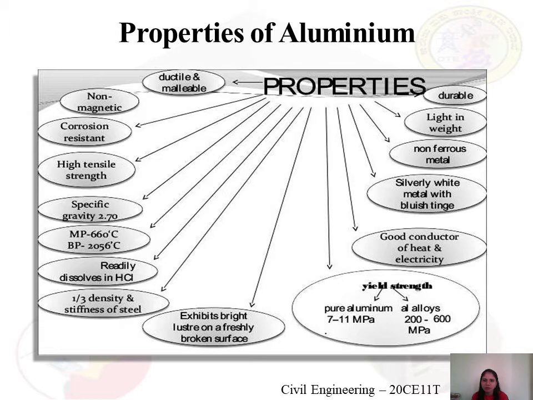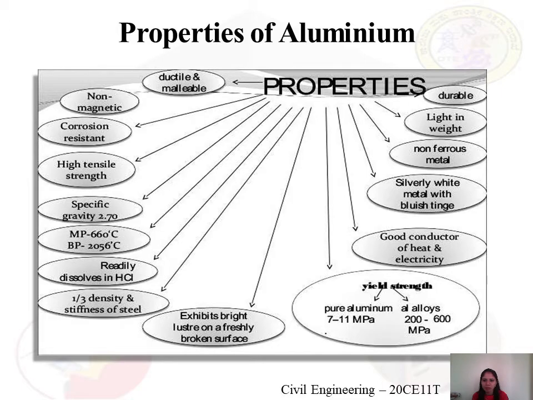The density is low, and it dissolves in hydrochloric acid, with its melting point and boiling point. The specific gravity, high tensile strength, non-magnetic, good corrosion resistance, ductile and malleable. With this slide, you can easily remember the properties of aluminium.